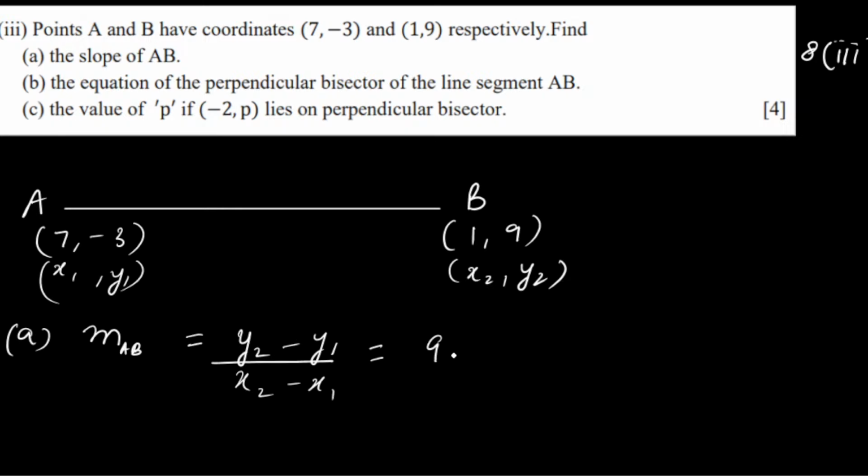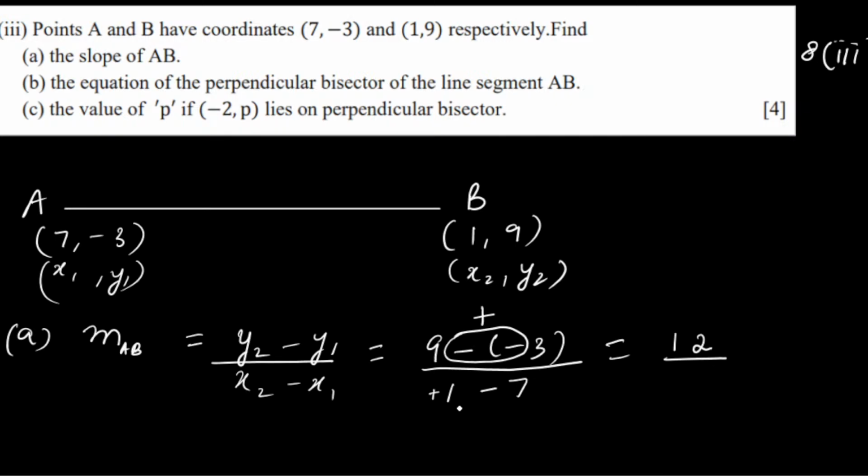9 is y2 minus of minus 3, y1 is minus 3, by x2 is 1, 1 minus 7. So minus minus, two signs together. Whenever you see two signs together, first of all change it. So this will become plus. Minus into minus is plus. So 9 plus 3 is 12. Then 1 minus 7.